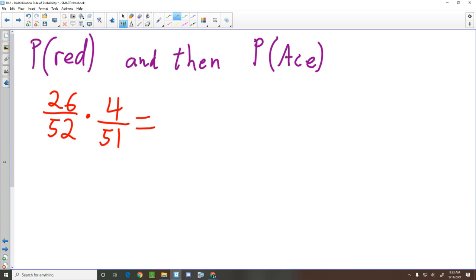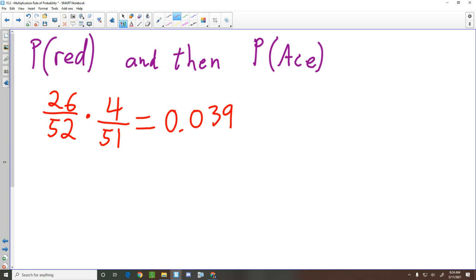Now this is multiplication, which is nice and easy. Just multiply across the top, multiply across the bottom. Also in your calculator, you can just straight up multiply these out. 26 divided by 52 times 4 divided by 51. And I get 0.039.